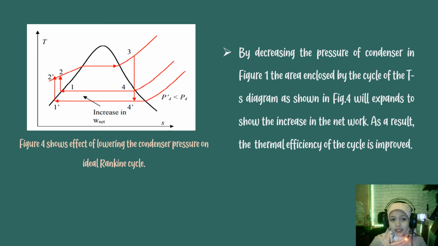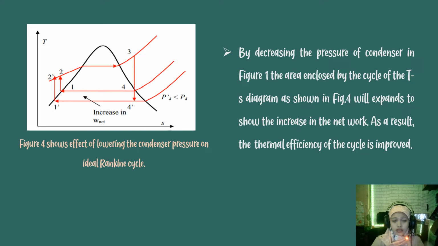Next, I will explain the modification that our group chose to get the 315% work demand from the turbine. Figure 4 shows the effect of lowering the condenser pressure on the ideal Rankine cycle.